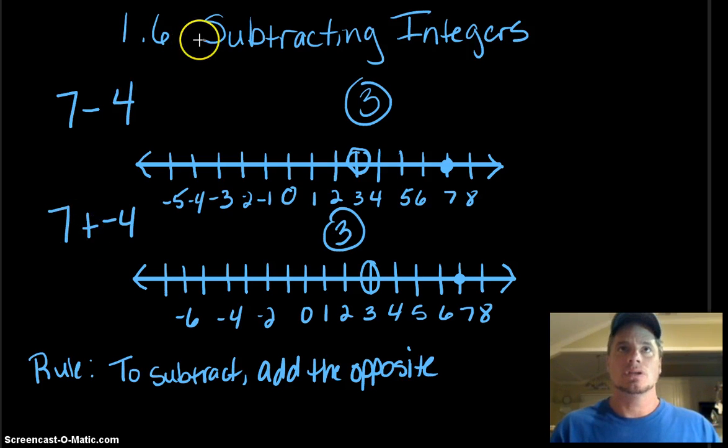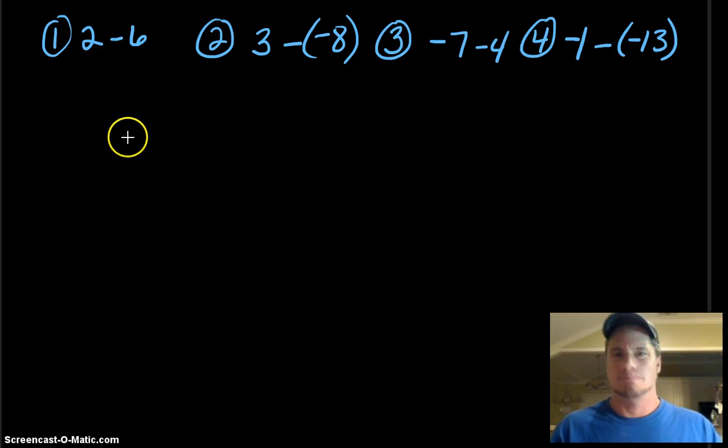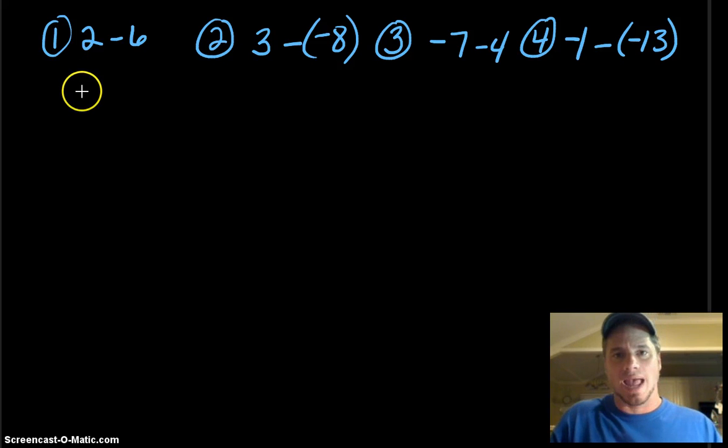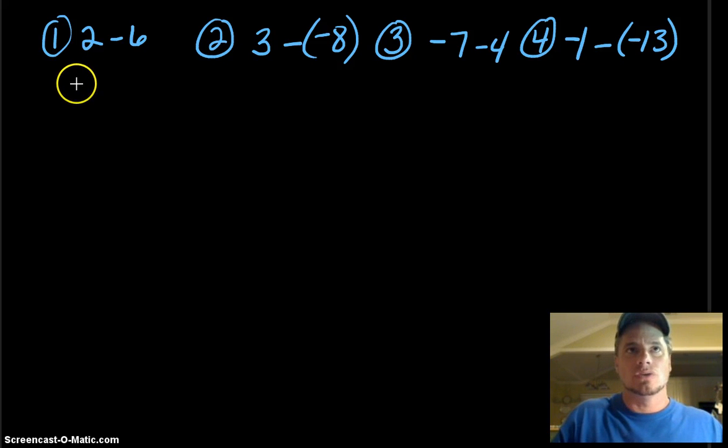Okay, so let's look at a few problems together on the next page. Basic, simple problems. And again, we're doing easy things so you can learn the process. That way, when you start doing harder things, you can do it fairly easily. Remember, it says to subtract, add the opposite. So we change this sign to a plus.